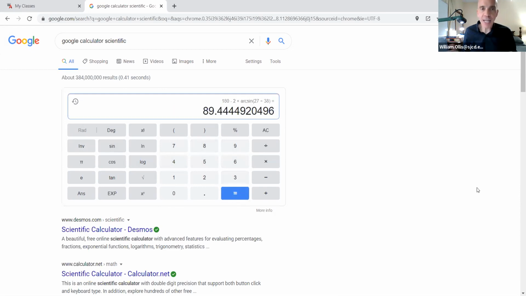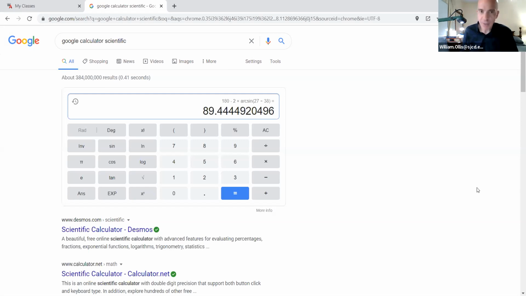And this gives us 89.444, etc. And if we round to one decimal, that gives us 89.4 degrees.